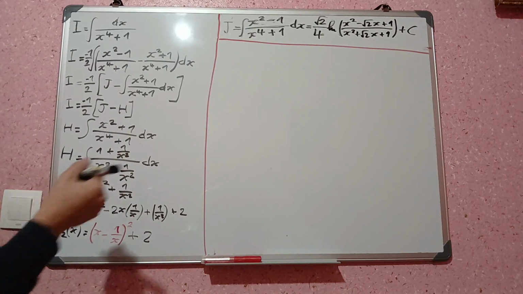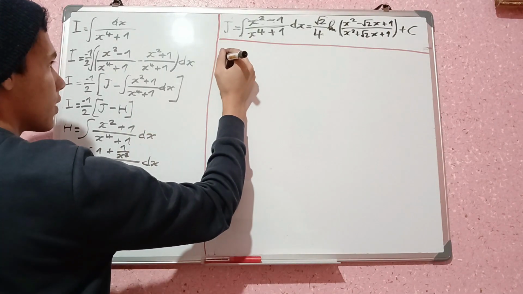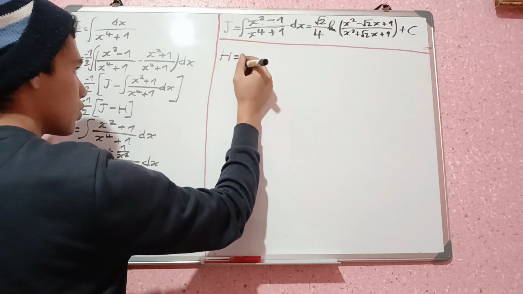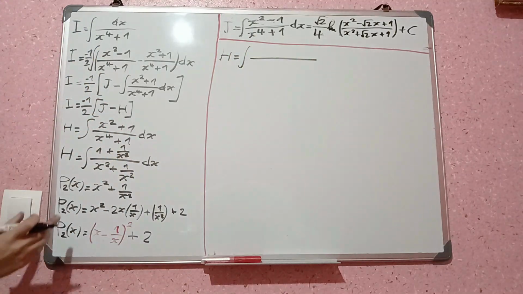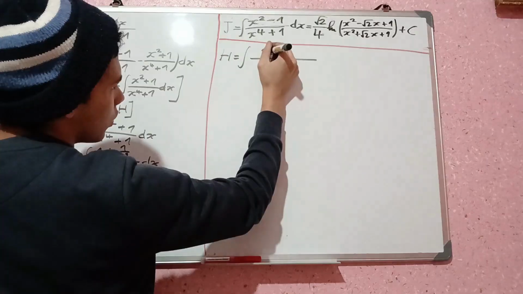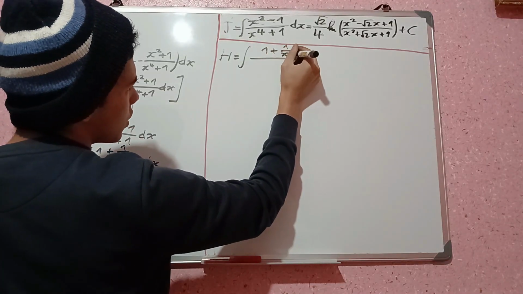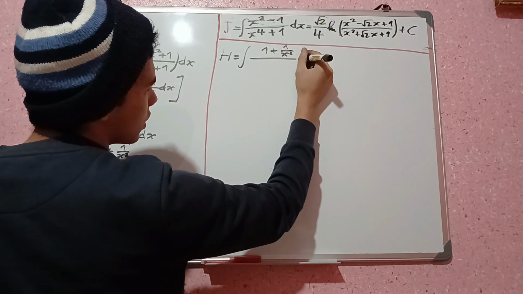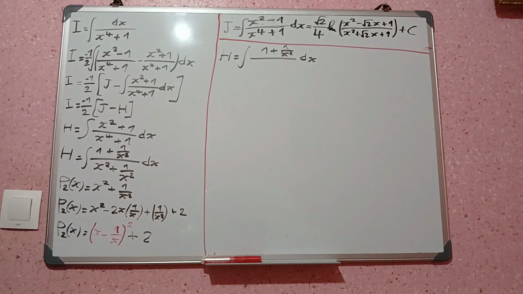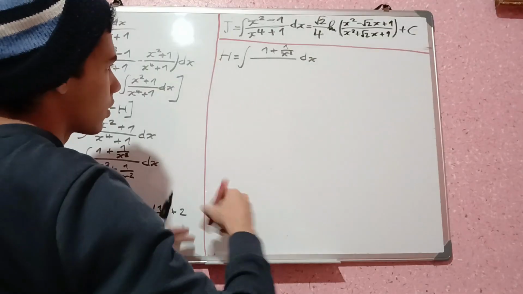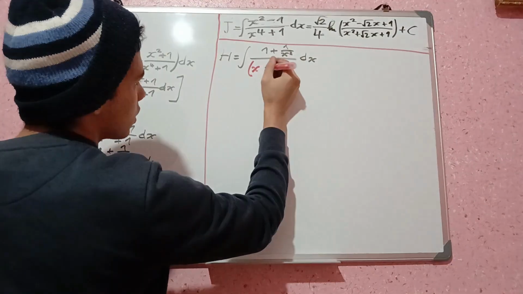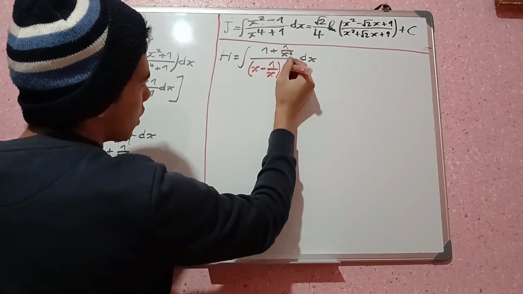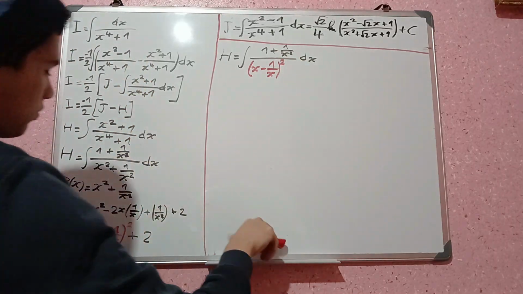Alright, let's continue. We have h equal to the integral of 1 plus 1 over x squared, don't forget the dx, over this part, which is x minus 1 over x all squared plus 2.